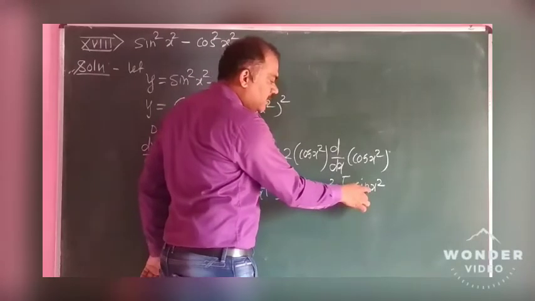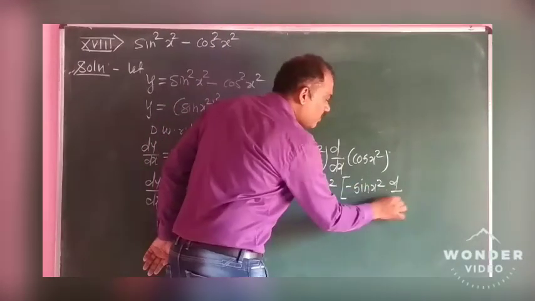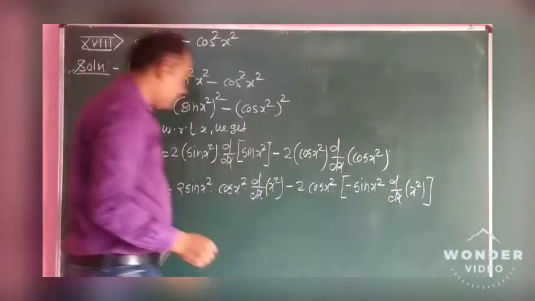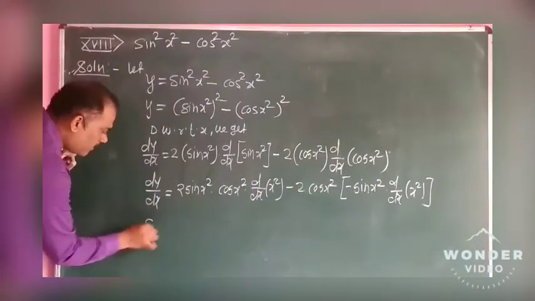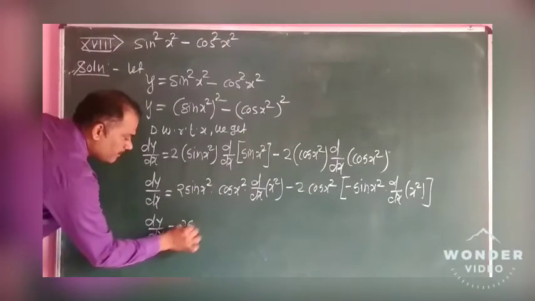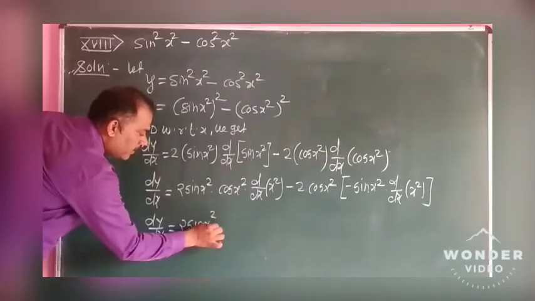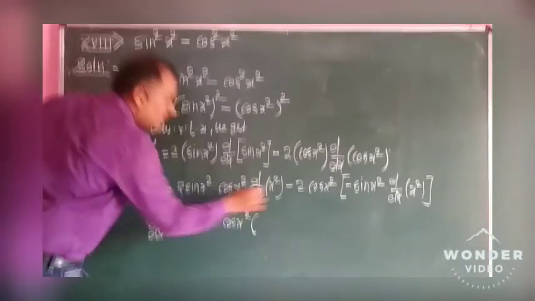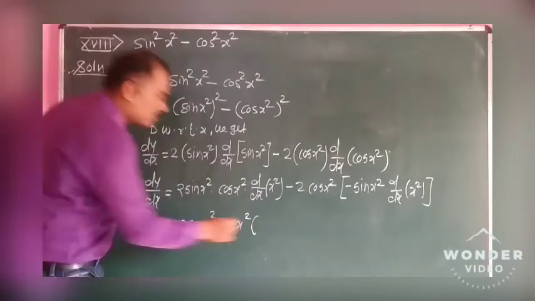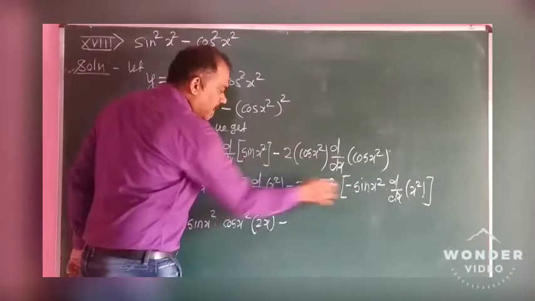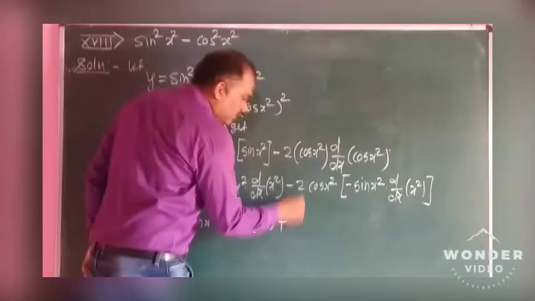That is minus sin of x square into d dx of x square. Okay, we can rearrange like this. dy by dx is equal to 2 times sin of x square into cos of x square into, what is the derivative of x square? Derivative of x square is nothing but 2x. Minus, this minus minus become plus. We can rearrange like that.